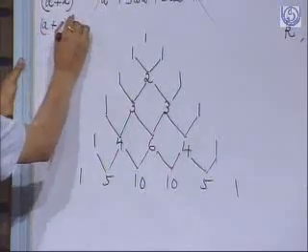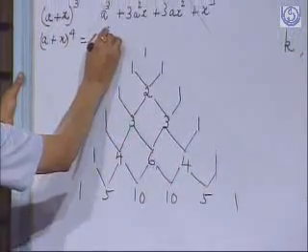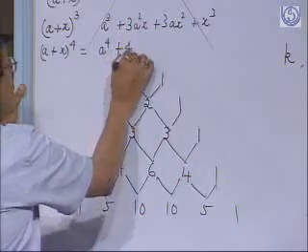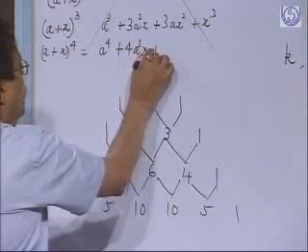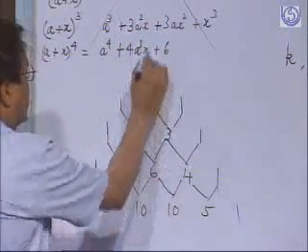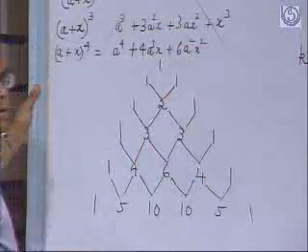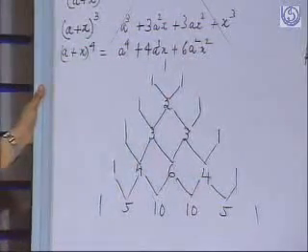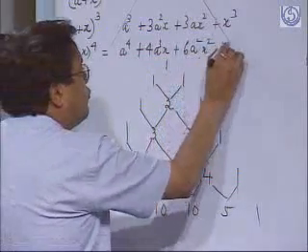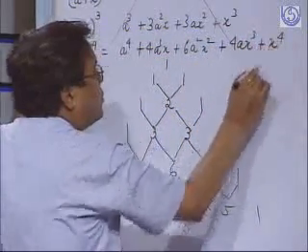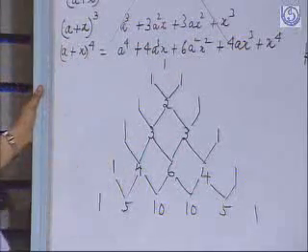(a plus x) to the power of 4 would be a to the power of 4 plus 4a cube x plus 6a square x square, where the power of a is decreasing and the power of x is increasing, then 4a x cube plus x to the power of 4. What is the expansion to the power of 5?